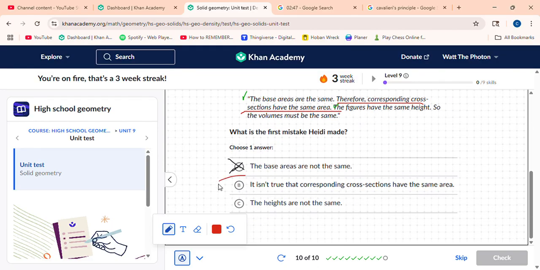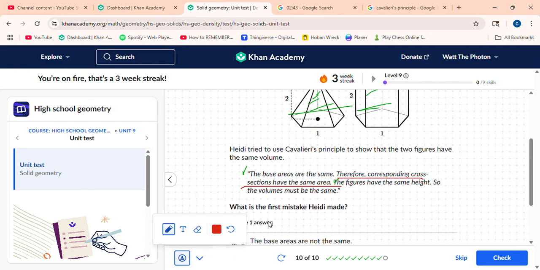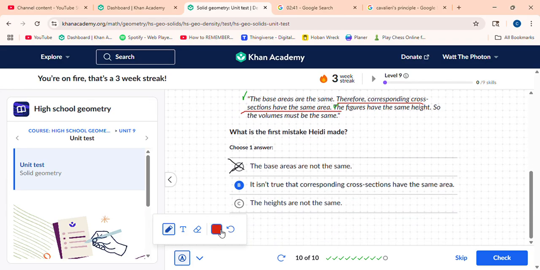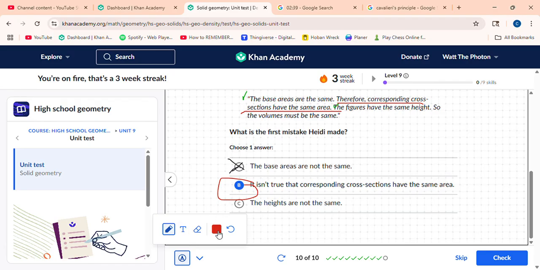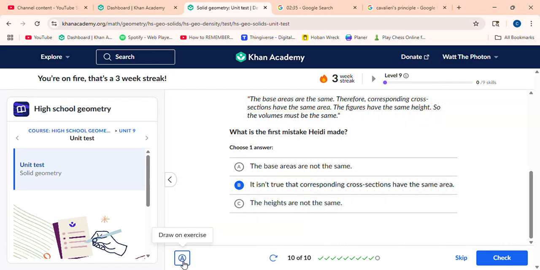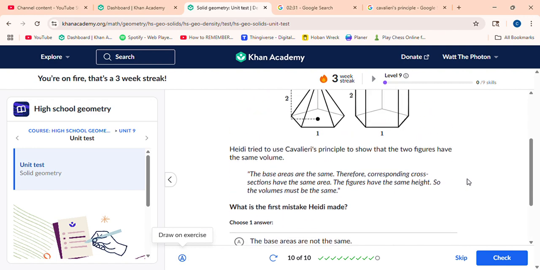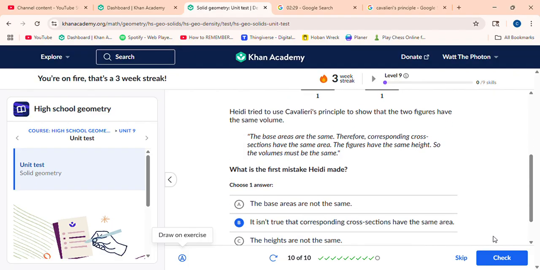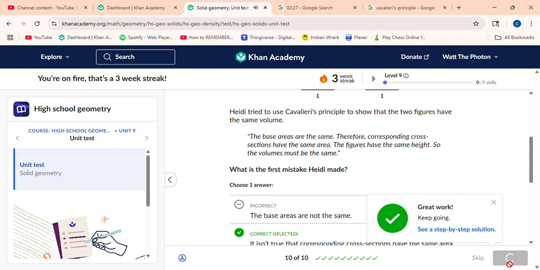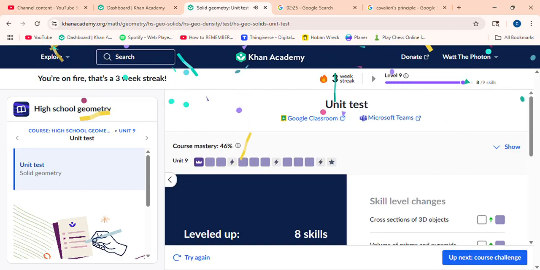So B should be right. The heights are the same. The base areas are the same.